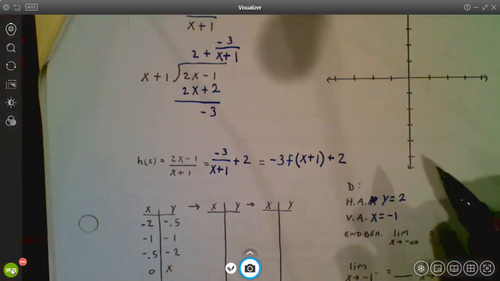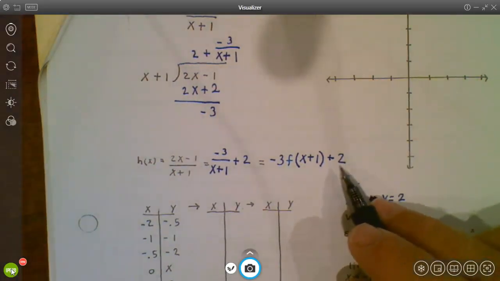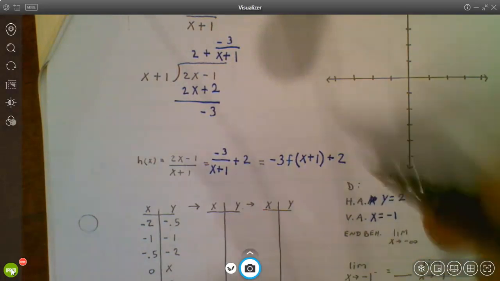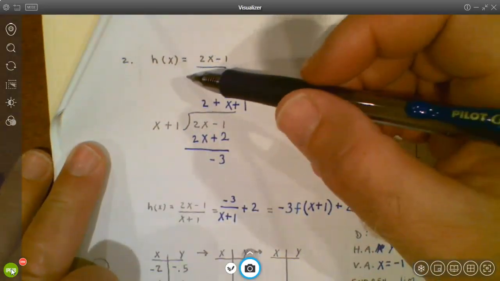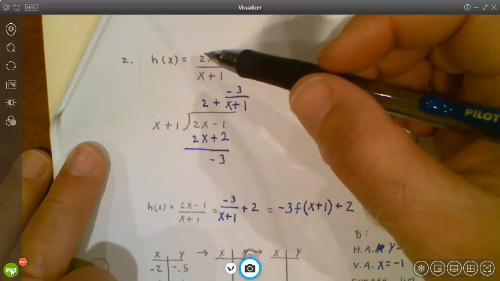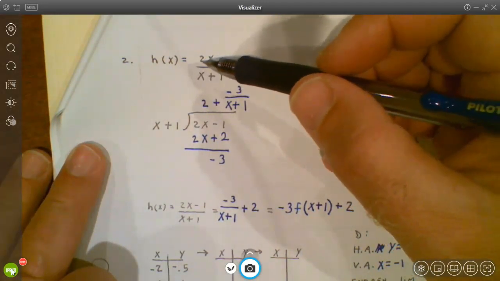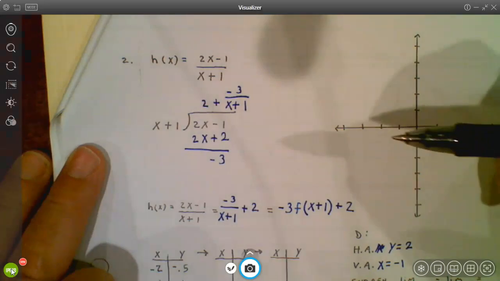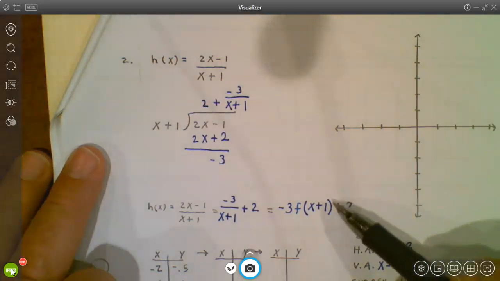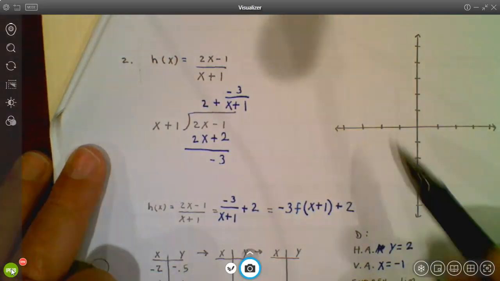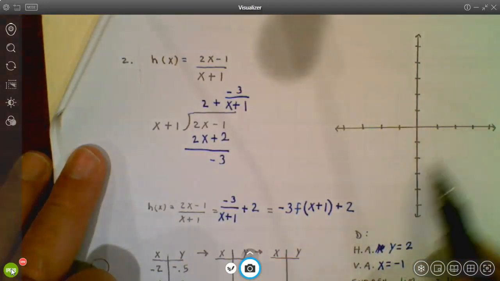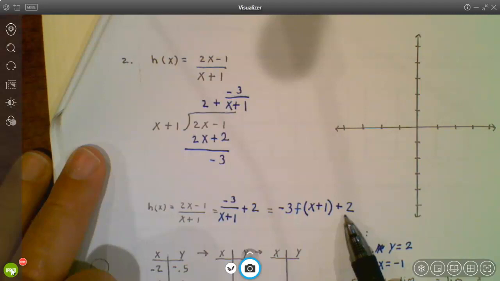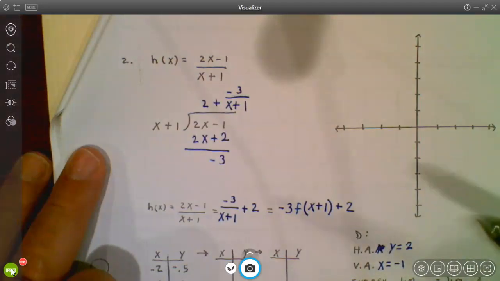So anyway, this is one of the things I wanted to show you. When we talked about last chapter, I think it was last chapter, or maybe earlier this chapter, where the horizontal asymptote came from dividing this by this, you can see how that takes place here, right? Remember, typically your horizontal asymptote runs through 0. Well, if everything is being shifted up 2, that would include the horizontal asymptote.